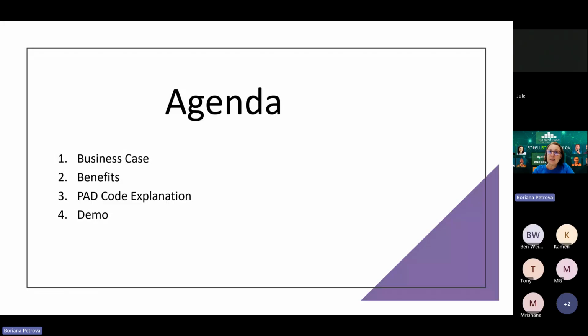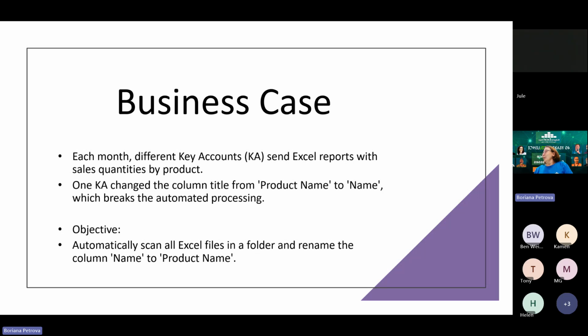In this case, you don't need any special license, just download Power Automate for desktop, or if you're using, for example, Windows 11, it's already implemented. So let's see what the business case is.